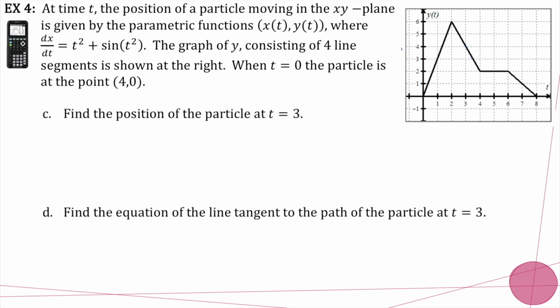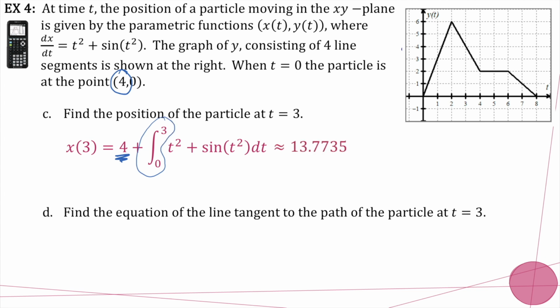Part C, find the position of the particle at t equals 3. All right, so we've got two problems to work on. We need the x position and the y position at t equals 3. To find the x position, we're going to start at the starting point of 4, and then integrate the derivative from 0 to 3. So our x position is 13.7735.